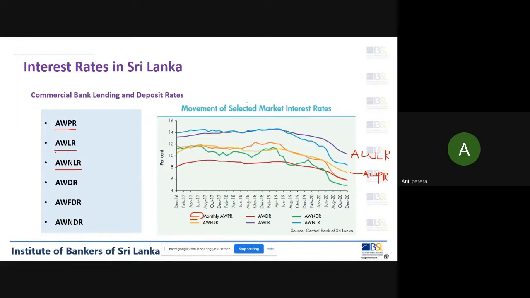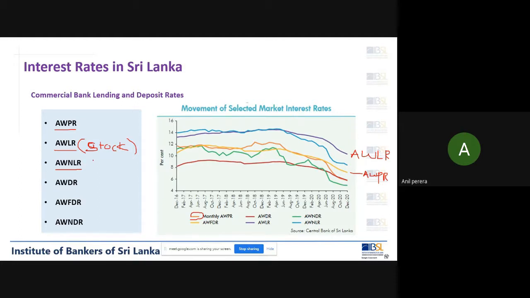In AWLR, you have all outstanding loans. Outstanding loans means what? Loan stock. But in this loan stock, you have new loans, old loans, high rates, low rates at different time periods, isn't it? In order to see the current interest rates, you should have loan rates for new loans given in a particular period.